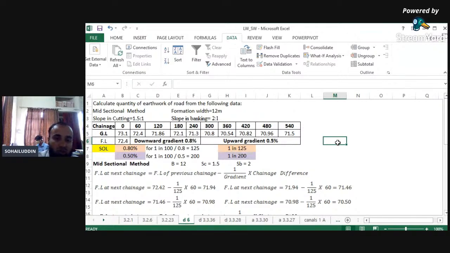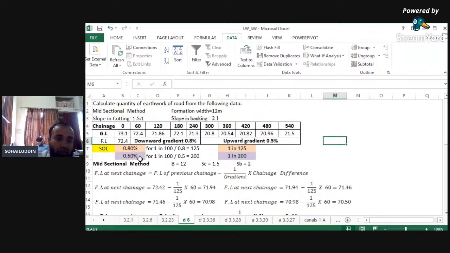How to find the 1 in 200 or 1 in 125 value depending upon this? In order to convert this into 1 in something, we have to reverse this. So 100 divided by 0.8 is 125. That is 1 in 125 for the downward gradient.